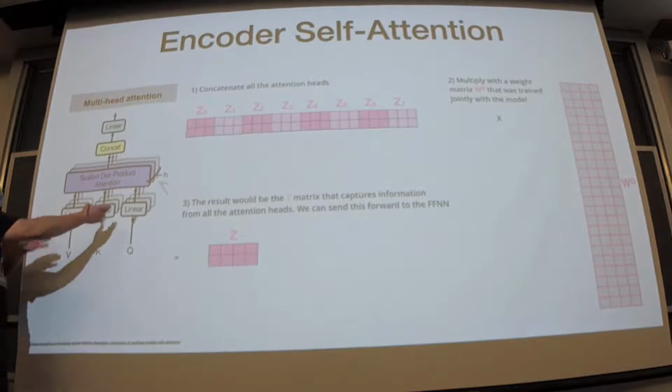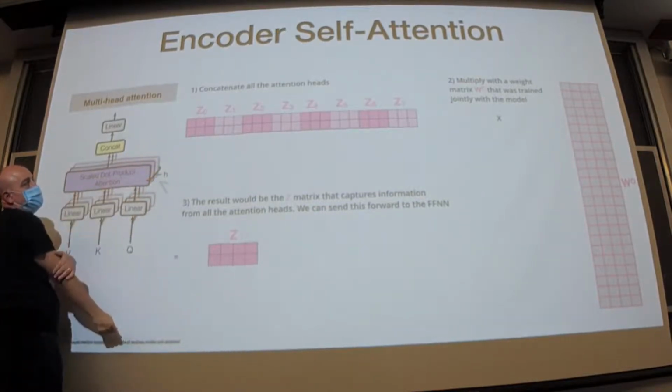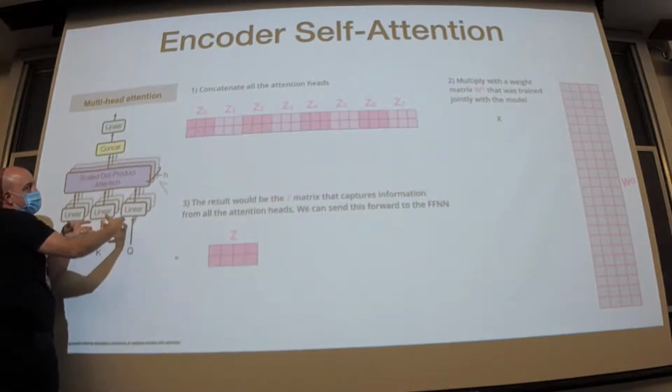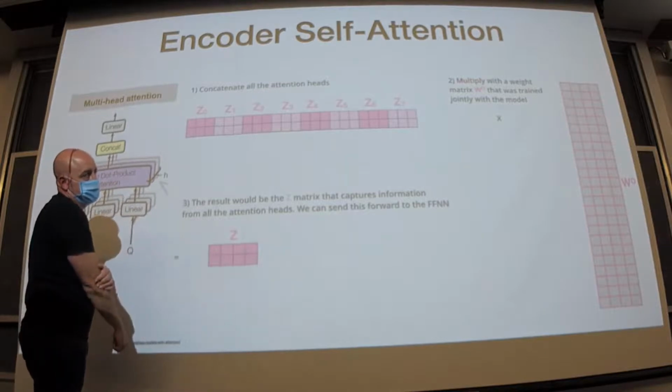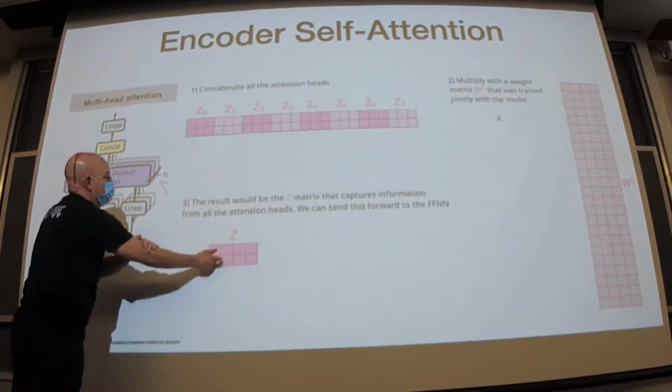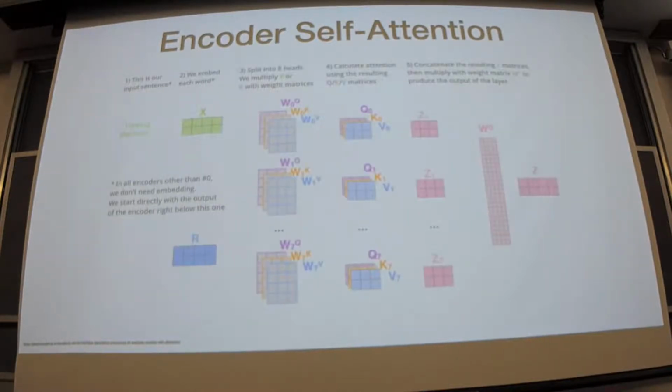So you had maybe 8 different attention heads. They all produced some kind of output for the inputs. Concatenate them all together, multiply by some learned parameter matrix, and get the output of the original size. You need that because you're going to do a residual connection, so you need to be able to add these things together. Does that make sense?